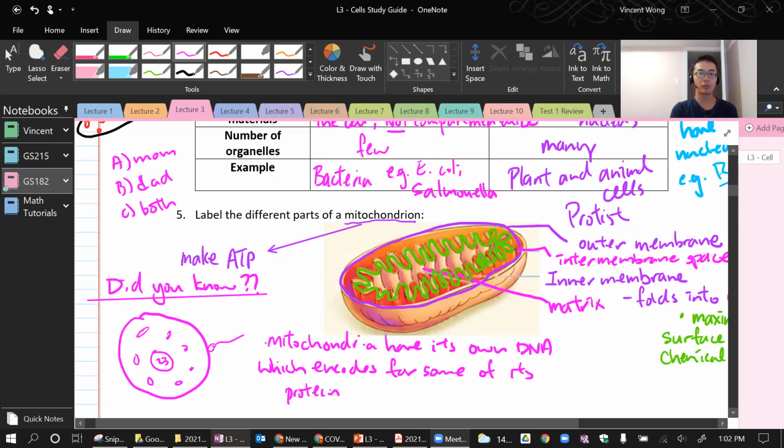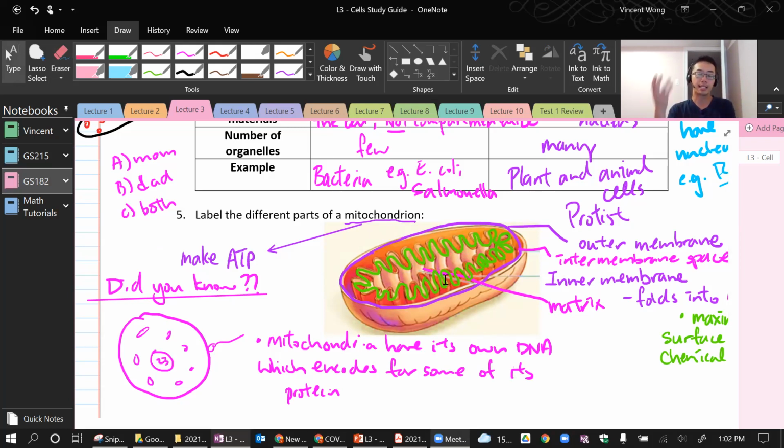In order for the mitochondria to perform the chemical reactions necessary to make ATP, it needs a lot of proteins. Some of the proteins are inside the matrix, some are embedded within the inner membrane. All those proteins are going to be encoded by DNA, we learned that last class. And at least some of those proteins are encoded by its own mitochondrial DNA. And just like the mitochondria is inherited from the mother, so is that mitochondrial DNA.